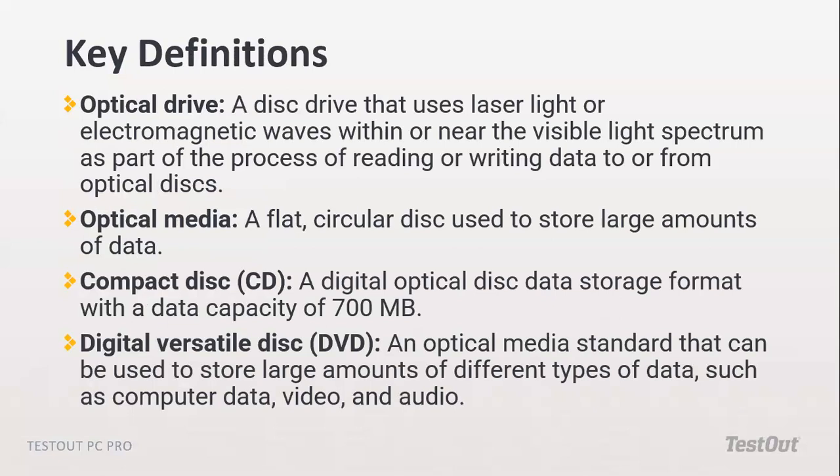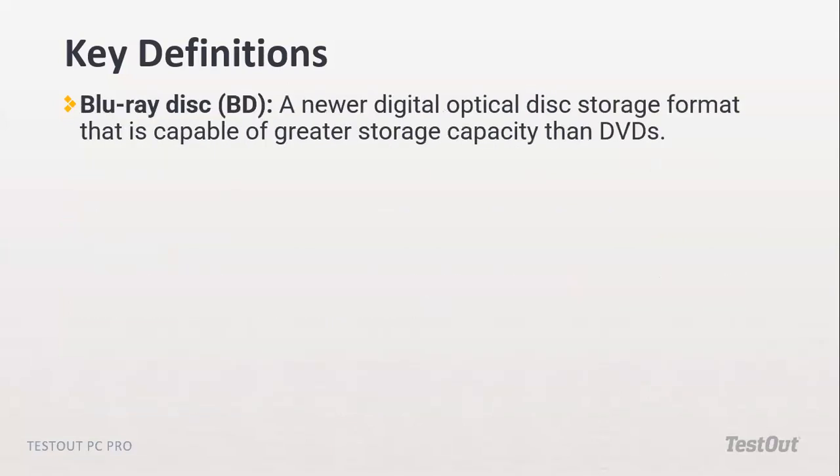An optical media, on the other hand, is a flat circular disc used to store large amounts of data. A CD, a compact disc, is a digital optical disc data storage format with a data capacity of 700 megabytes. DVD stands for digital versatile disc, and it's an optical media standard that can be used to store large amounts of different types of data, such as computer data, video, and audio.